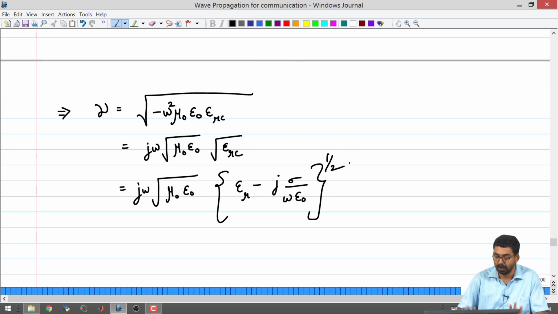Okay. I am not going to go into how to separate the real and the imaginary parts here, but I can make use of a symbolic math tool like Maxima or Wolfram Alpha and quickly see what the real and imaginary parts are.